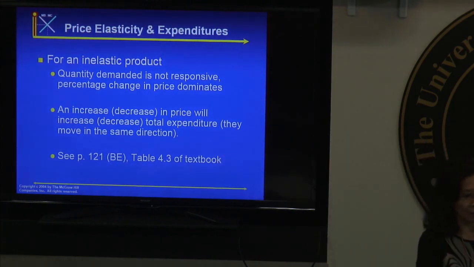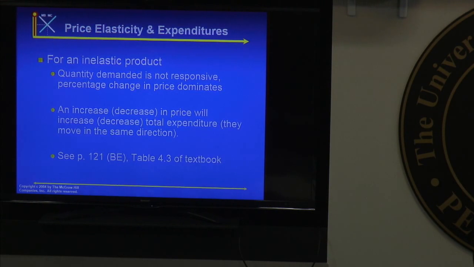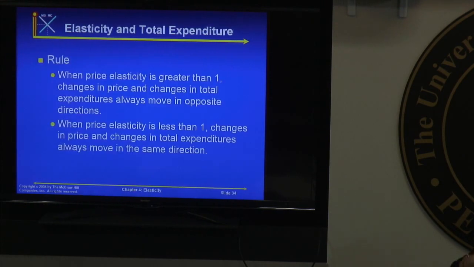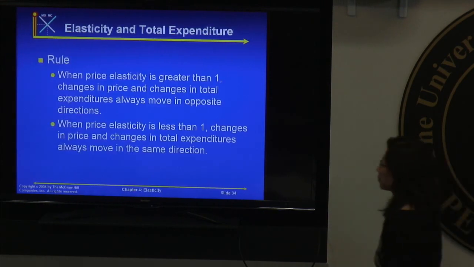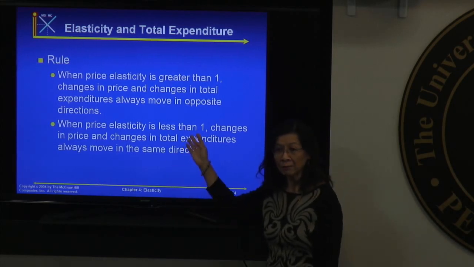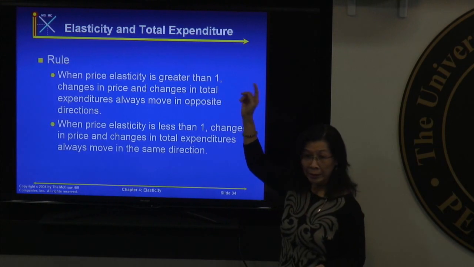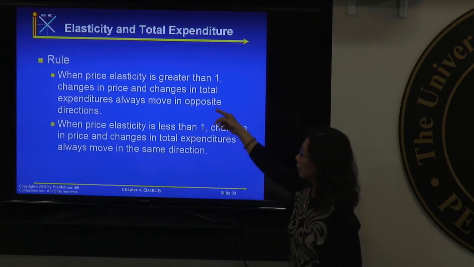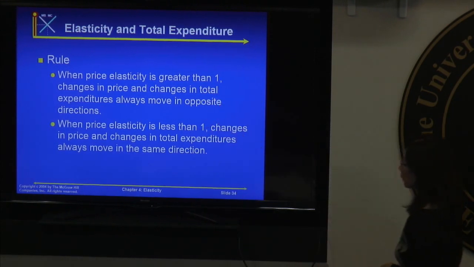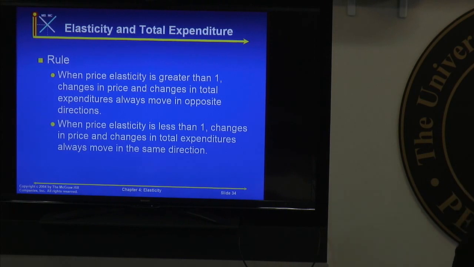And you can look at page number 121, table 4.3, where you see all these arrows coming down and going up. Again, one more time, here's the rule. When price elasticity is greater than 1, we call it elastic. Changes in price and changes in total expenditure move in opposite directions.